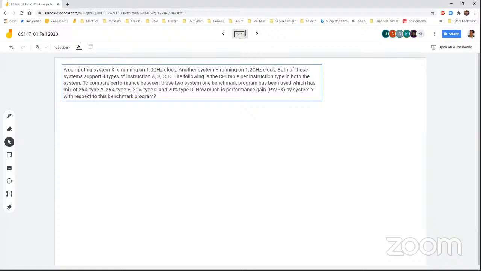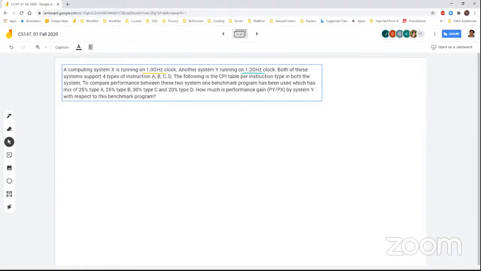One is running on a 1 gigahertz clock, and the other system is running on a 1.2 gigahertz clock. So that's from the clock speed perspective.